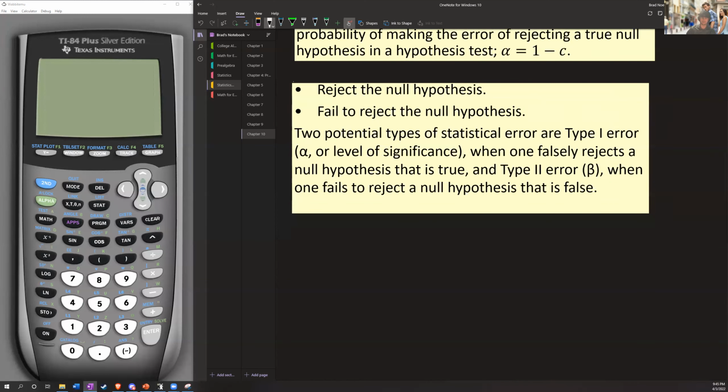The most common example that you'll see in any statistics textbook is it is worse for a society to jail an innocent person than it is to have a guilty person free. So that's the sort of thing that you should think of. We are going to be testing alpha statistical errors in this. But let's go ahead and take a look.